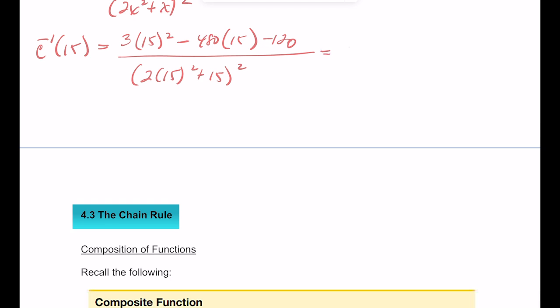So when you do that, you end up getting negative 0.0307. So if it's a negative, the negative implies that the average cost per motor is decreasing.